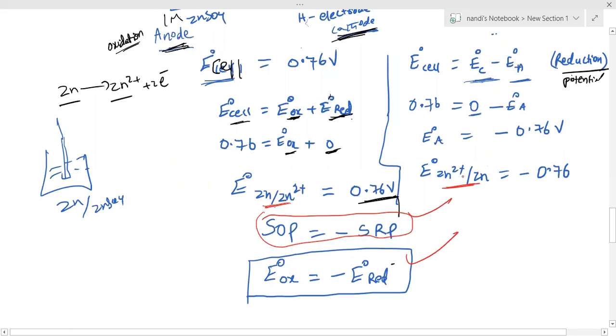E naught reduction is Zn2+ to Zn, exactly the reverse. Completed? Once completed, or if you have any doubt, you can ask.